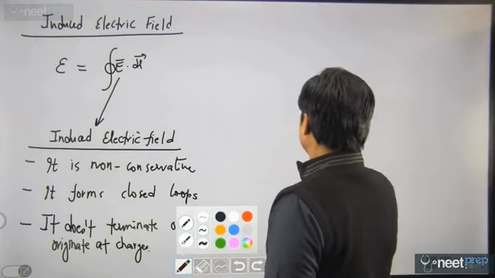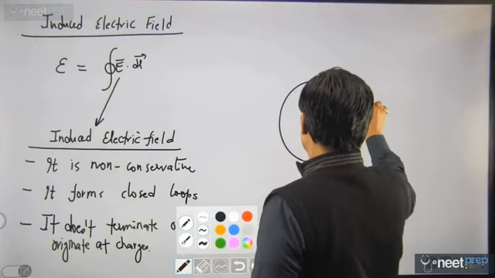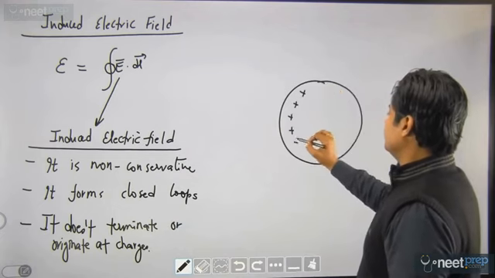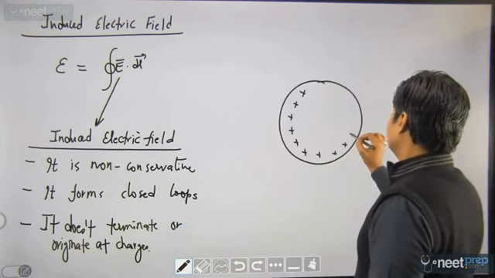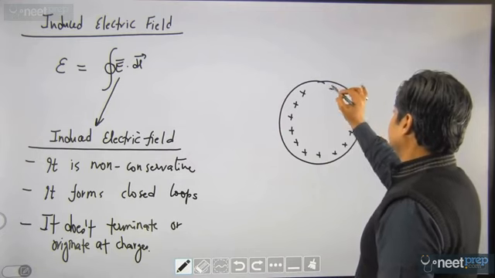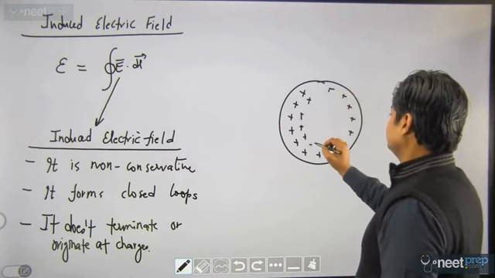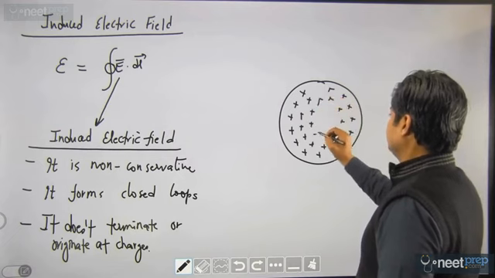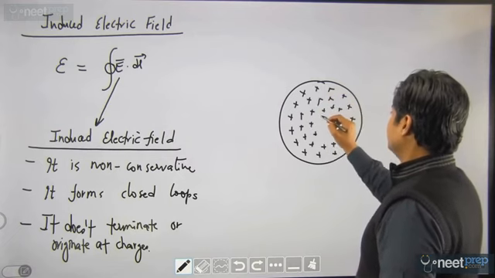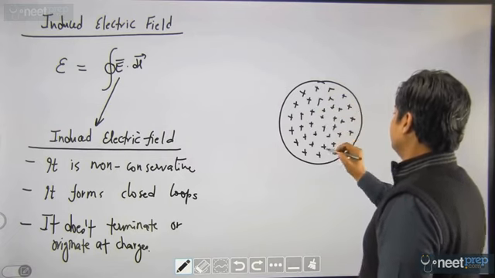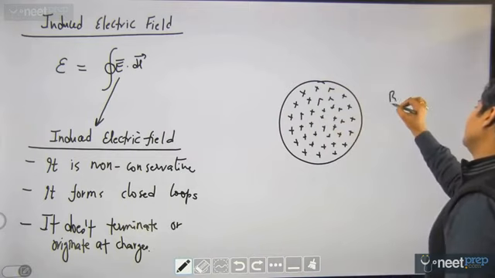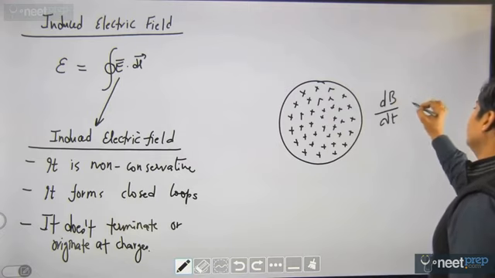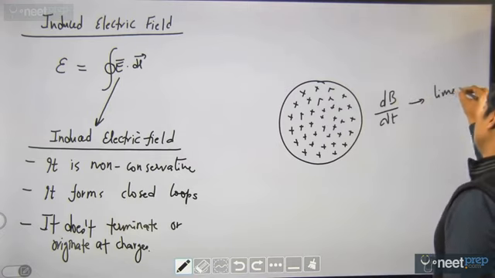Suppose we have a loop where there is a uniform magnetic field present in the loop and this magnetic field is changing. This is a time varying magnetic field, B, so dB by dt.